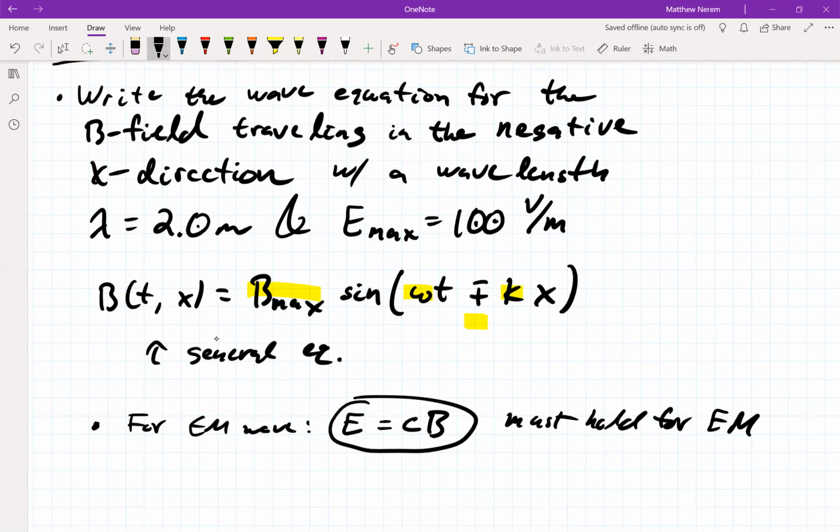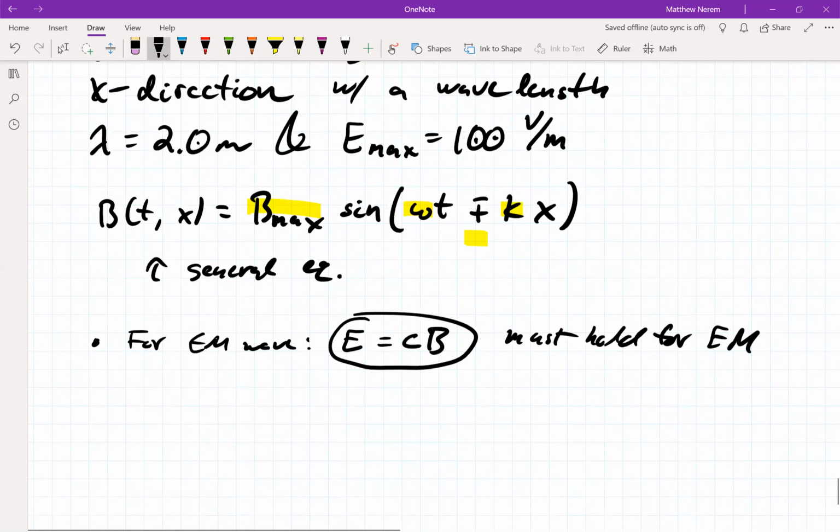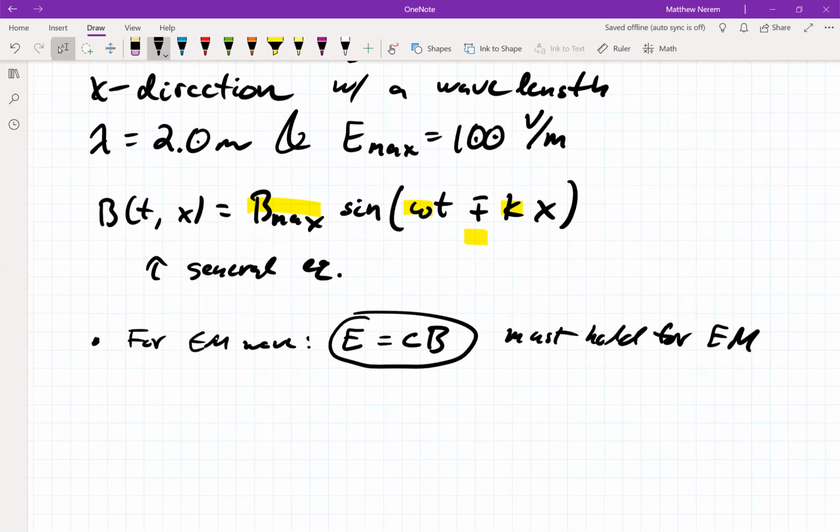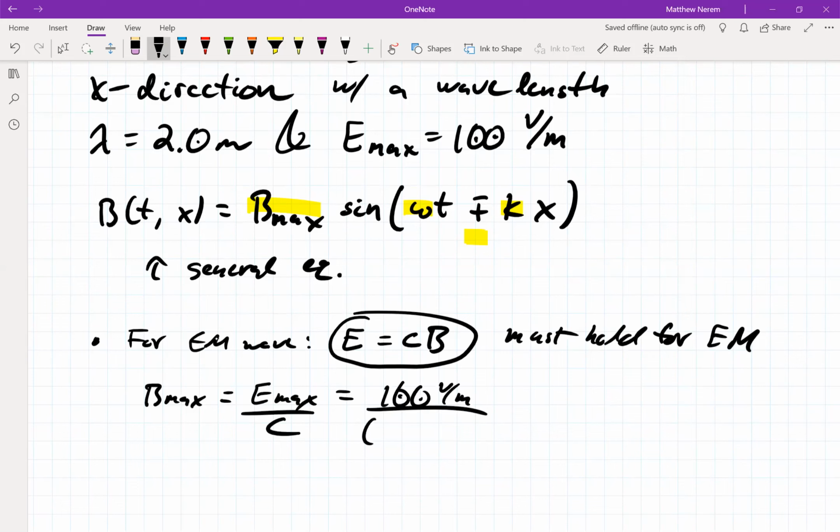This must hold for electromagnetic waves. So we can just say, look, B max is equal to E max divided by c. And the problem gave that to us. So this is going to be 100 volts per meter divided by the speed of light.